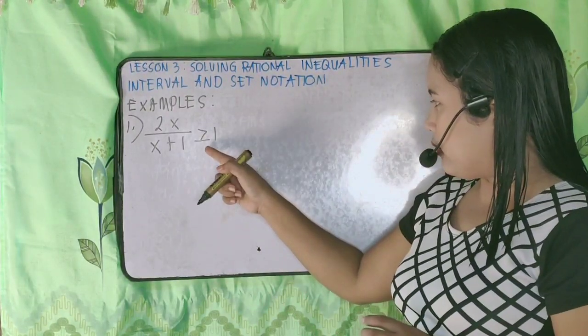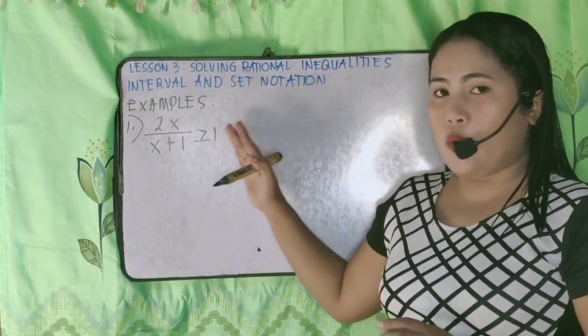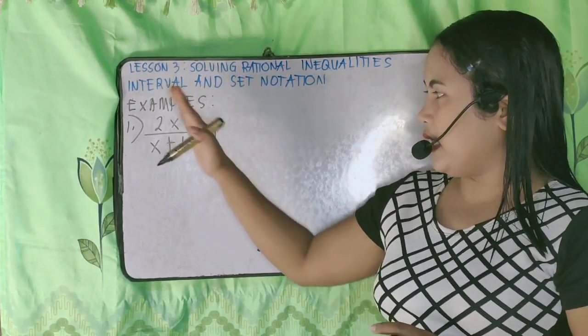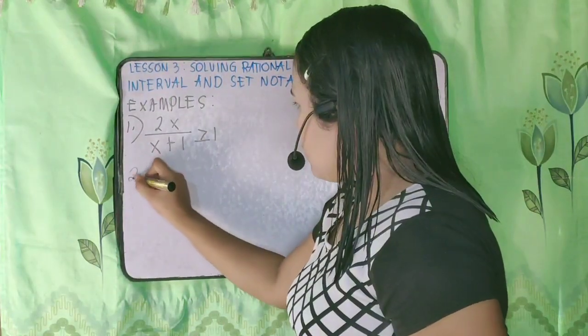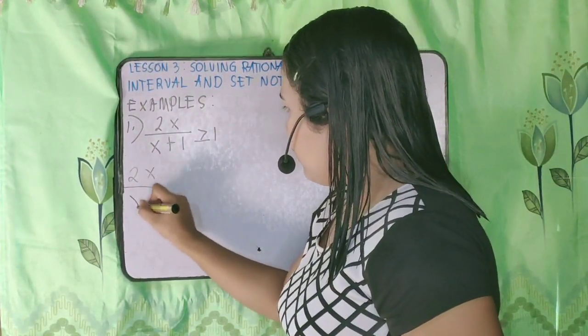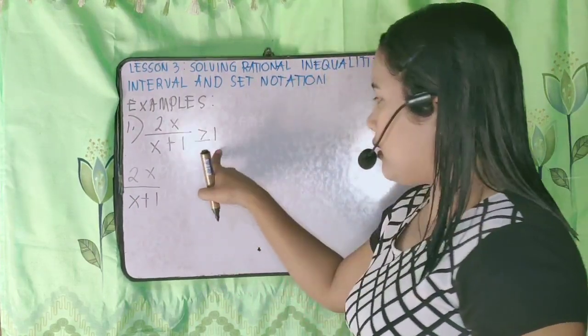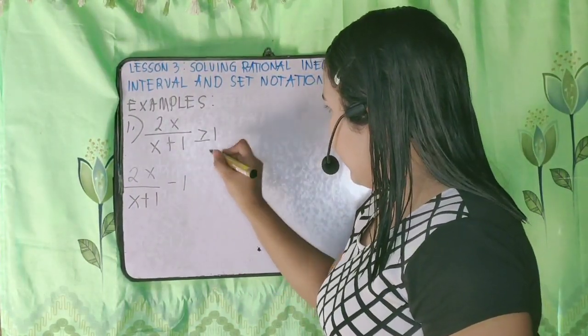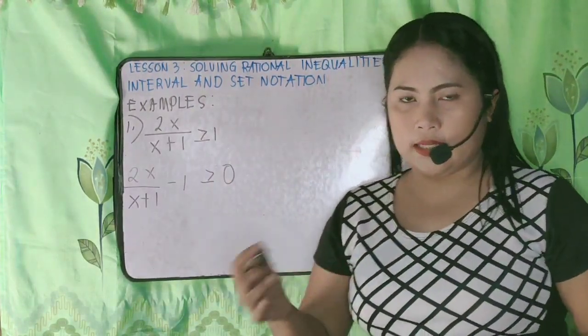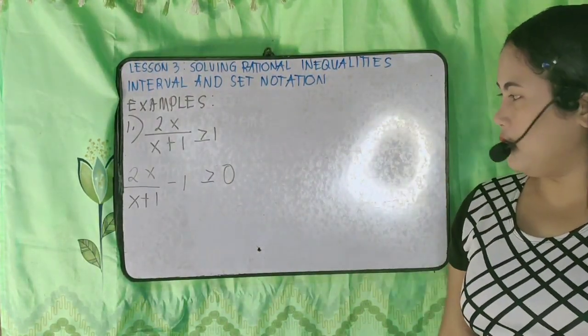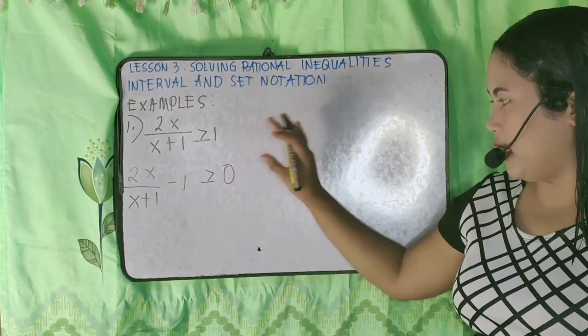As you can see dito, mayroon tayong nakalagay na 1, so isasama natin siya. I-transpose natin siya sa left side, so copy 2x over x plus 1. Since positive, that would be negative 1. And then copy greater than or equal to. 0 na po ang ilalagay natin kasi we're going to equate the rational inequality to 0.